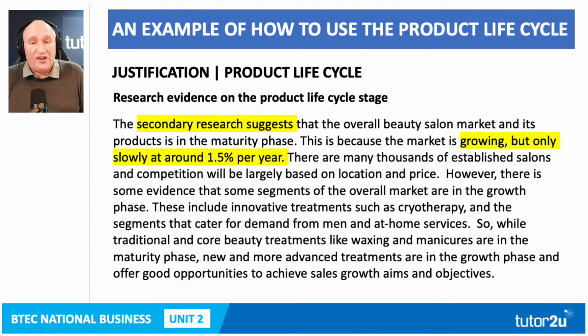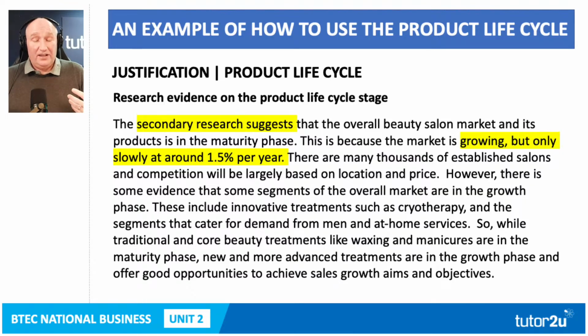So I said the secondary research, part A, suggests the overall beauty salon market is in the maturity phase. Why? Because the market is growing, but only slowly, 1.5% per year currently, and in the next few years. Other evidence, there are thousands, 16,000, aren't there? Thousands of established salons, and competition is largely based on where they are and price.